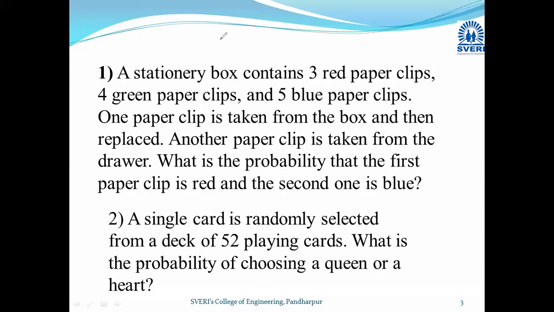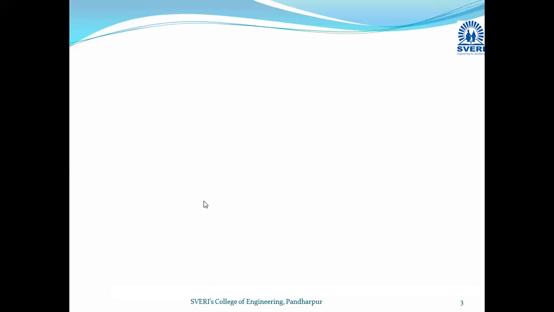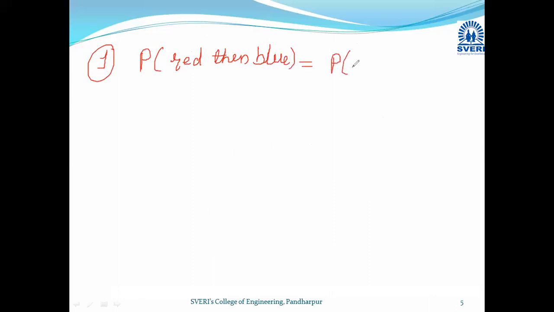Okay, so look at this. Here I am going to solve that first example. Probability of first red, then blue is equal to probability of red into probability of blue.